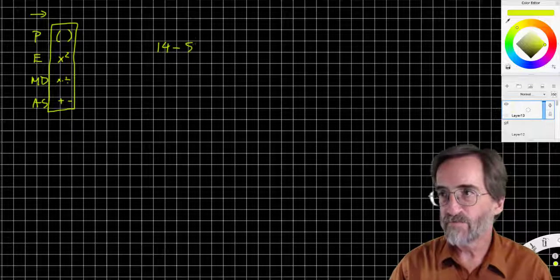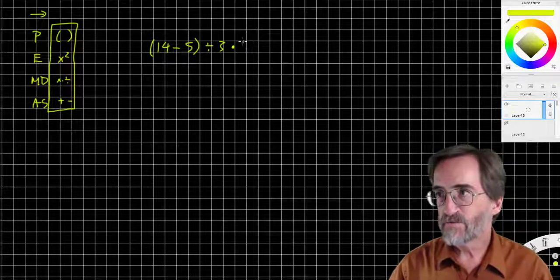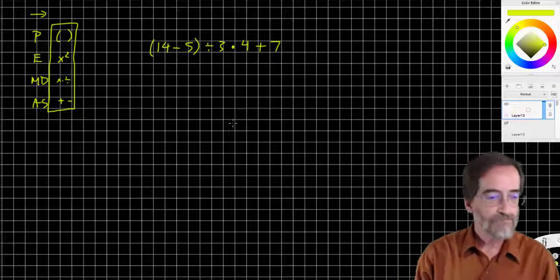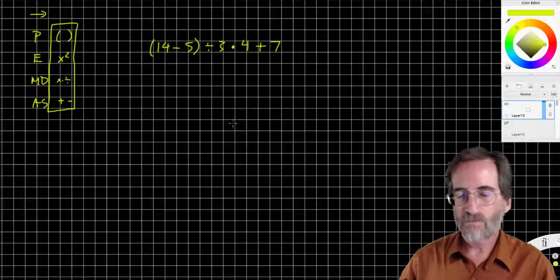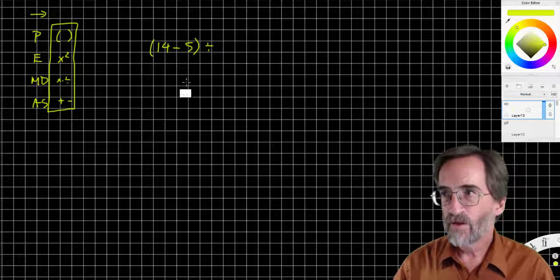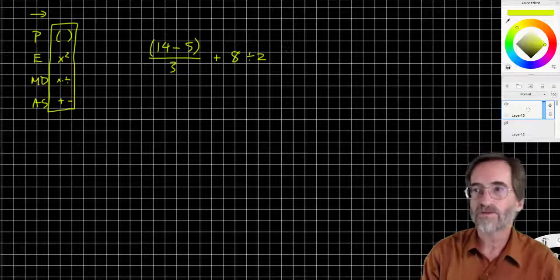Let's do 14 minus 5, divide 3, plus 8 divide 2. I'm going to rewrite it a little differently. There we go. Let's go with that.